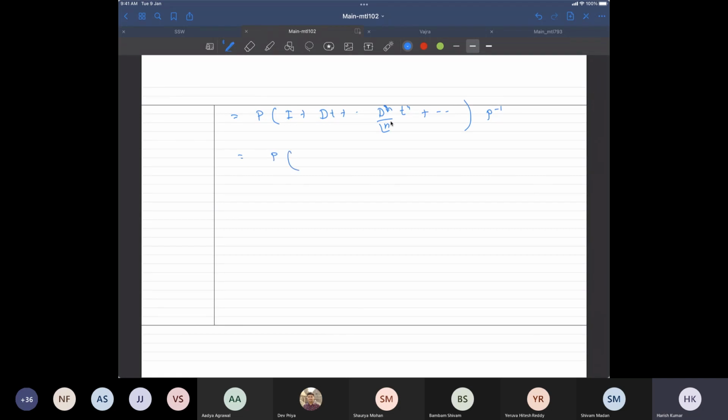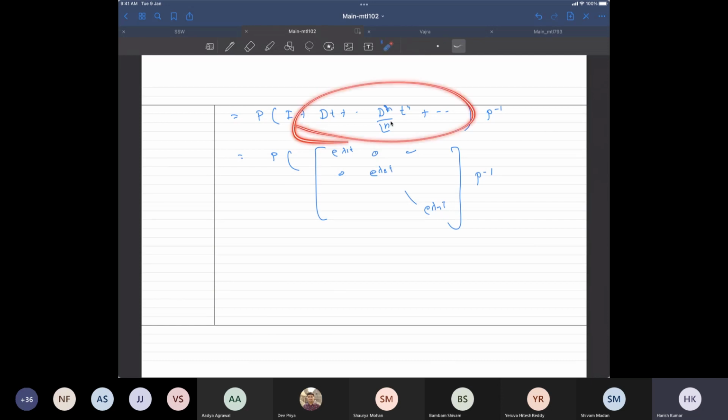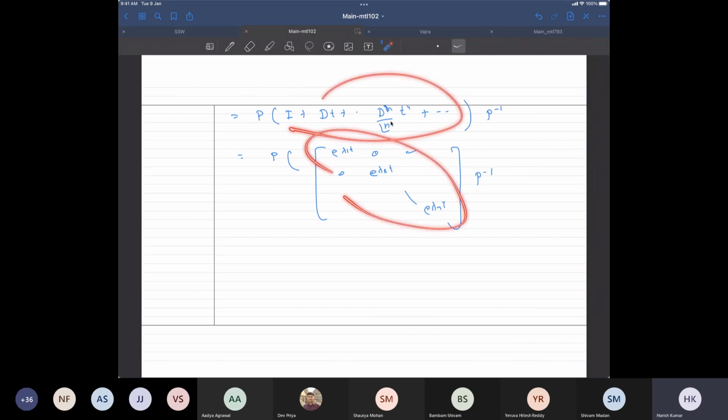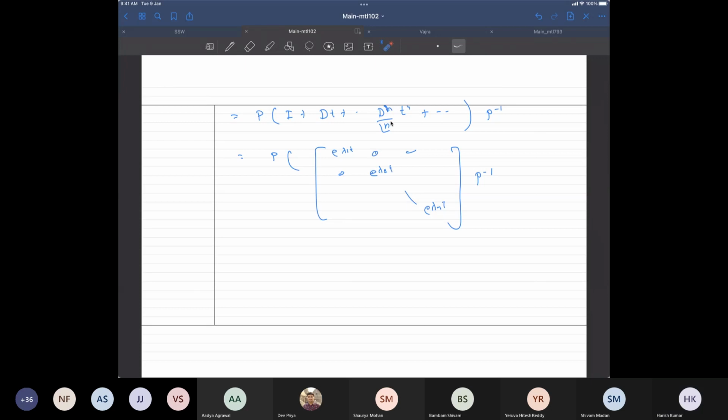Now D^n is nothing but lambda_1^n, lambda_2^n, and so on. So I can write it in a nice form, the diagonal matrix with e^(lambda_1 t), e^(lambda_2 t), up to e^(lambda_n t), times P inverse. The only thing is that I have to assume that this series converges, and it does converge. You can check on any vector that it will converge.